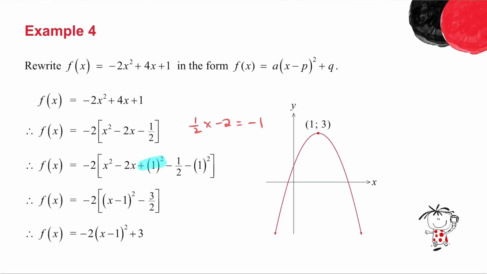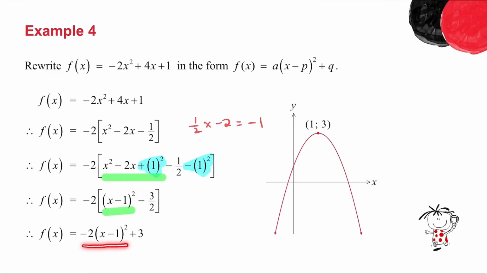So I add on the 1 squared. To compensate for it, I need to subtract 1 squared. The first 3 terms form a perfect square, and the last 2 terms I collect together to get minus 3 over 2. All I now need to do is multiply the minus 2 back into the bracket.